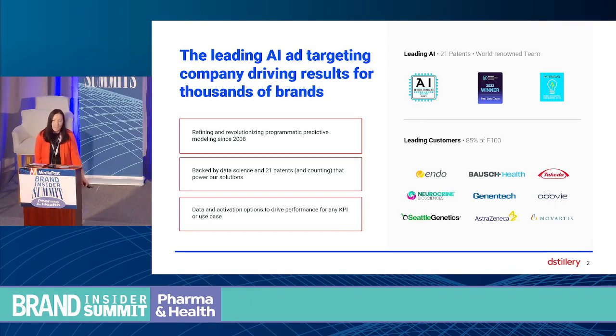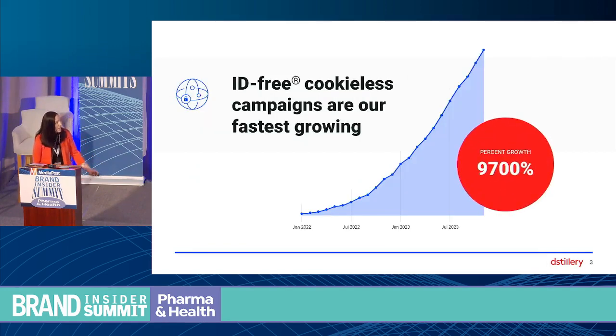Back in 2017, we decoupled our audiences, really becoming DSP agnostic, making all of our ID-based audiences available across any DSP or social network. So in preparation for cookie deprecation, we built out our ID-free targeting solution. And as you can see here, we've been testing it for the last few years across other verticals outside of healthcare.